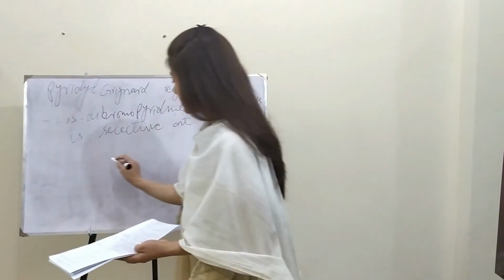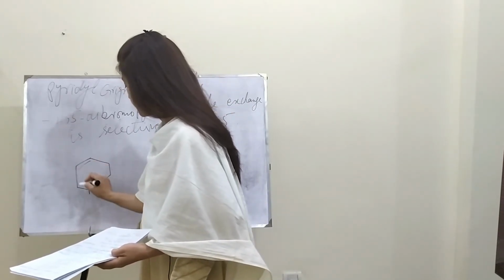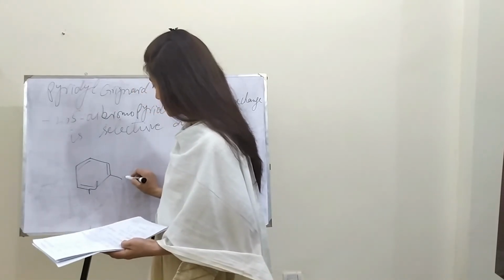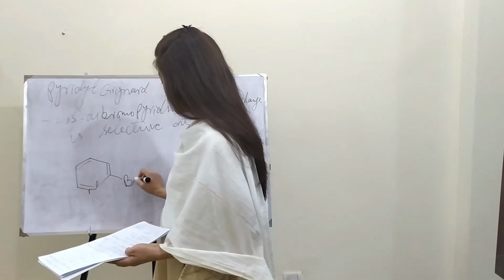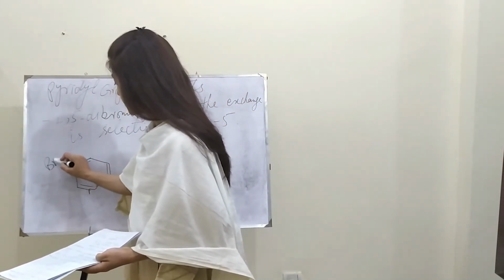How is it selective? Structurally, this is the 2 position, this is 2,5-dibromopyridine.